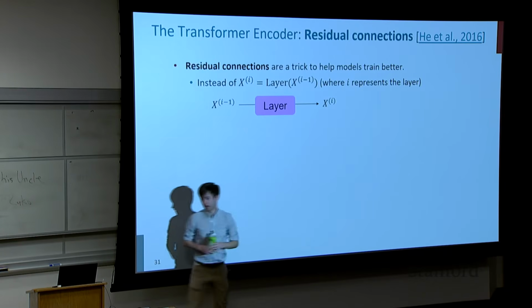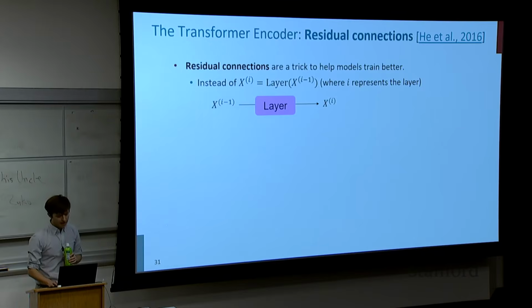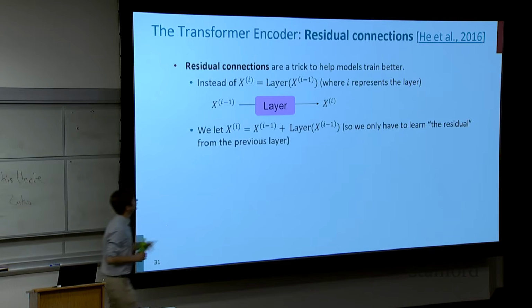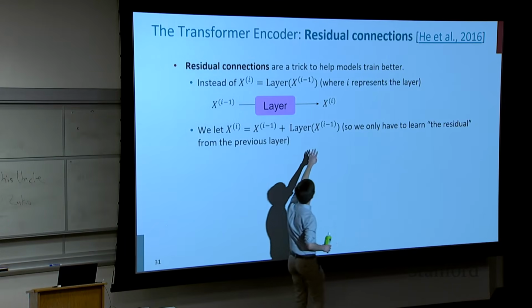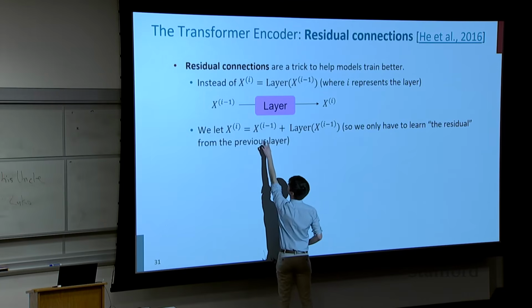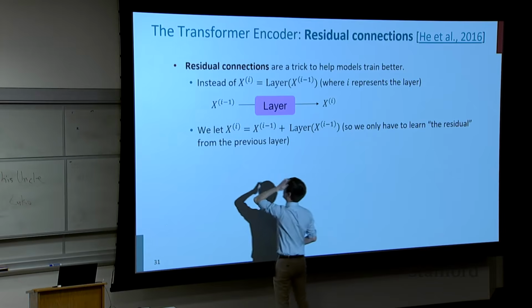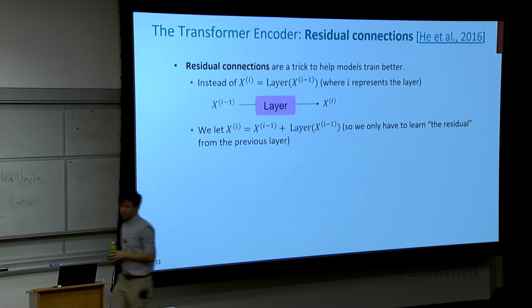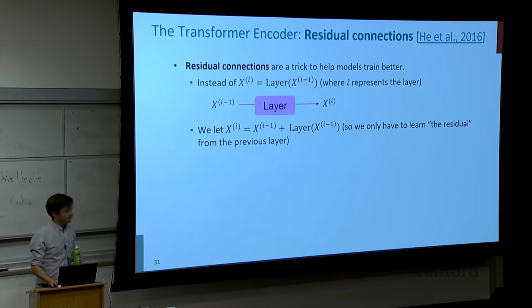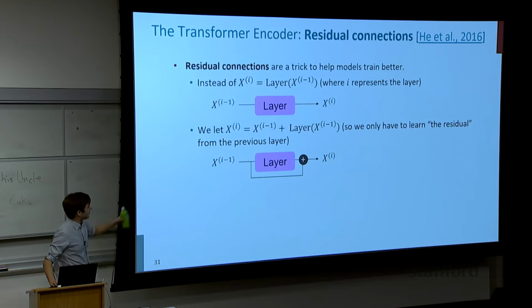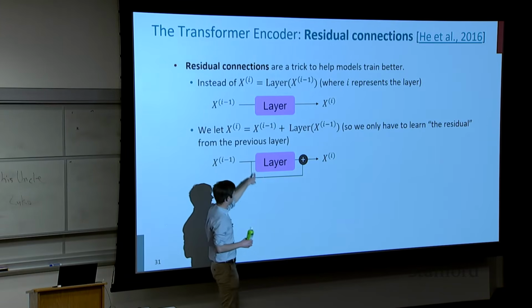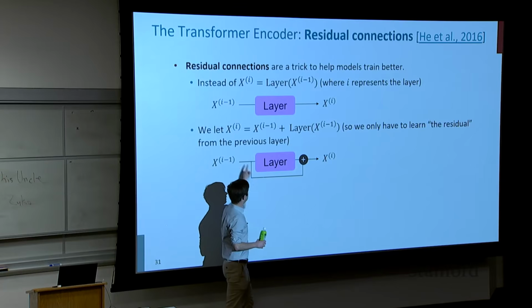Now you've got layer i. I'm going to add the result of layer i to its input, so that I only have to learn the residual from the previous layer. So I've got this connection here, often drawn as this connection that goes around.